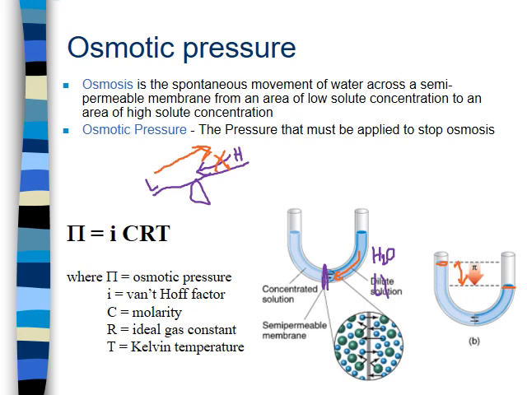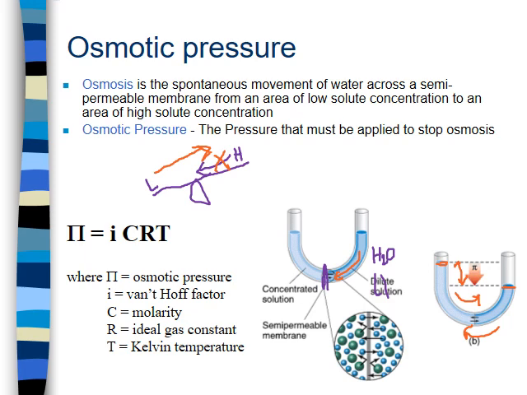The added weight of the water on the left side creates pressure, and what that does is you have water trying to move across this way because of osmosis, but that added pressure starts to force the water to move back the other way. And eventually, as the water keeps moving across by osmosis, the pressure gets larger and larger until it equals the pressure of the osmosis.